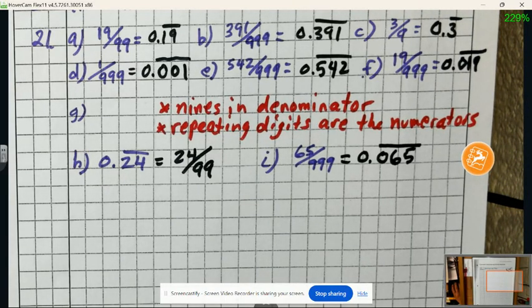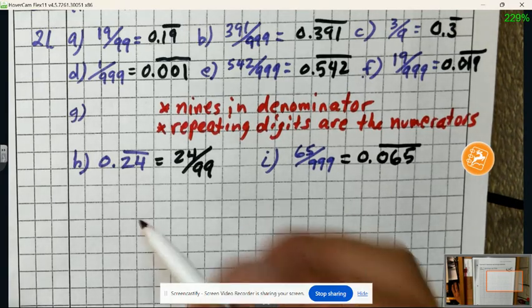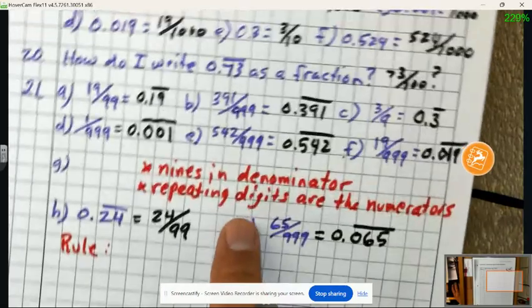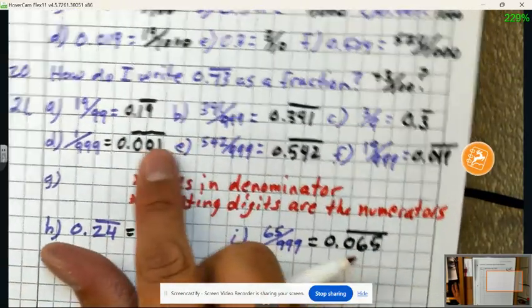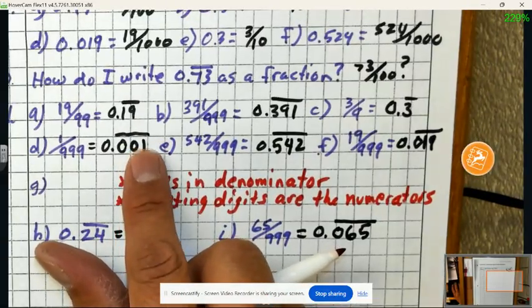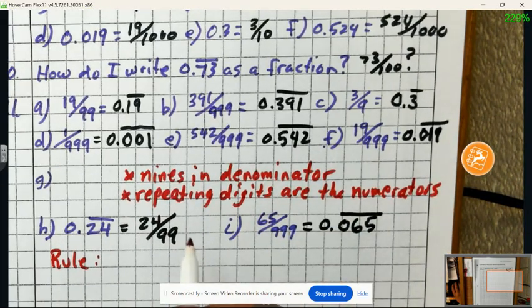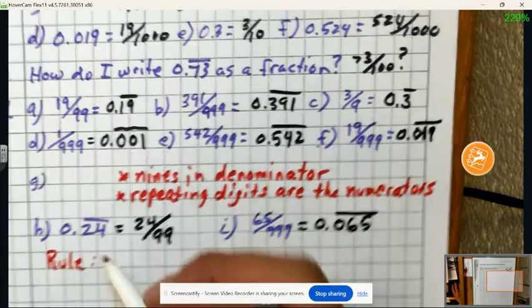And here is the rule. The rule says, first of all, why do all of these repeat? What do they all have in common that's not changing is they all have 9s in the denominator. So fractions with 9s in the denominator will repeat.